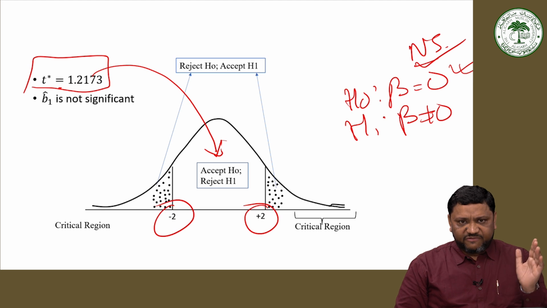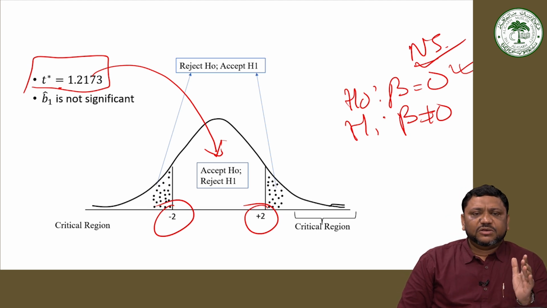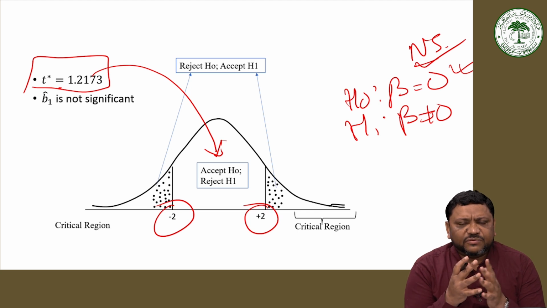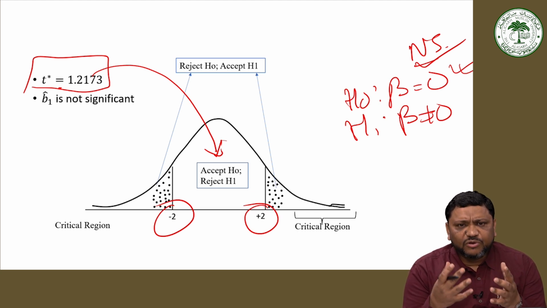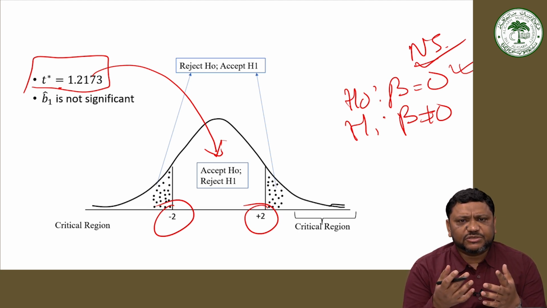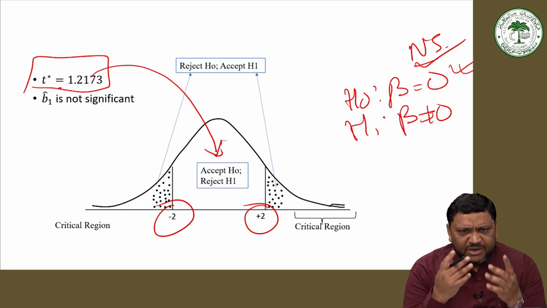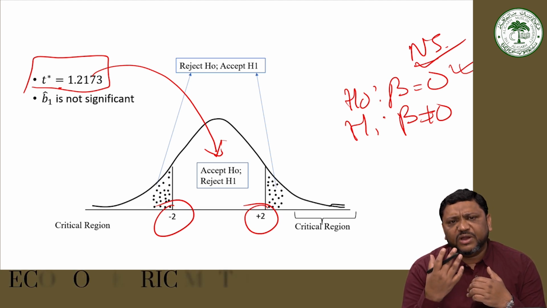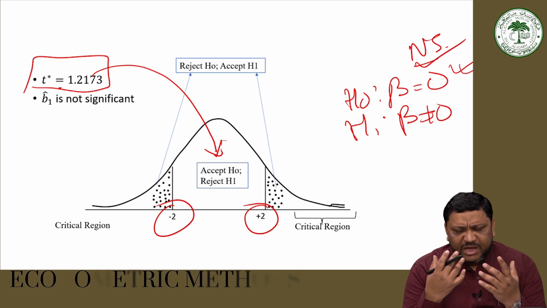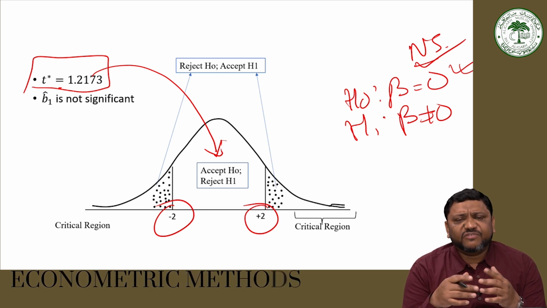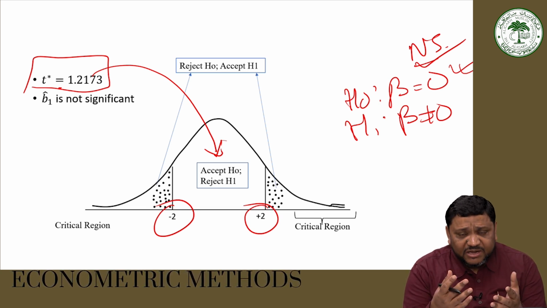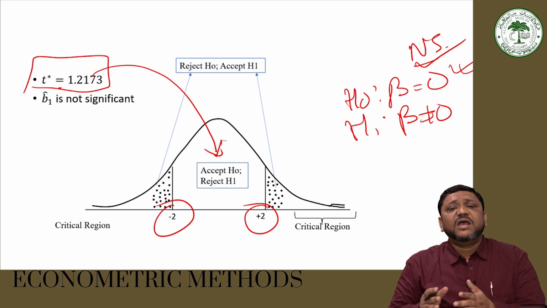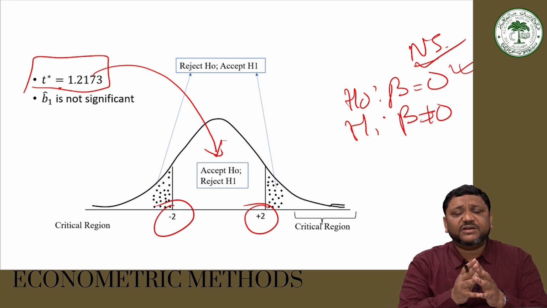So in today's lecture we have seen, through the numerical calculations, beta naught hat, beta 1 hat, beta 2 hat, and then how to calculate R square and adjusted R square, then the standard error of U and the standard error of the coefficient, and then the T asterisk.